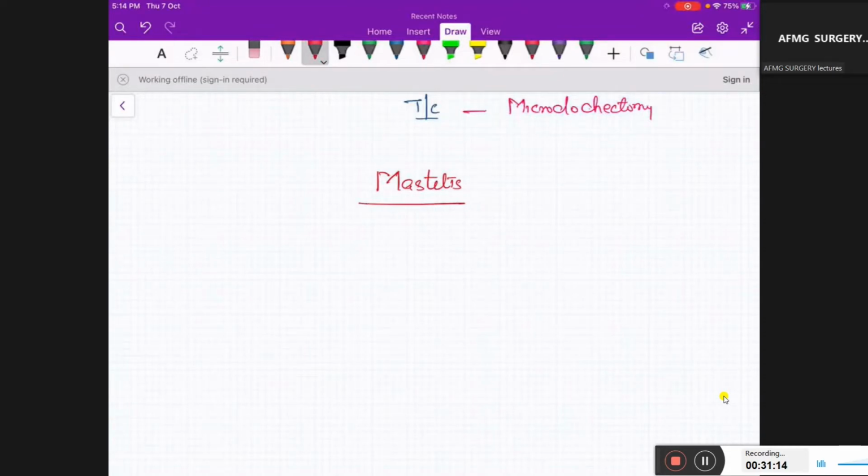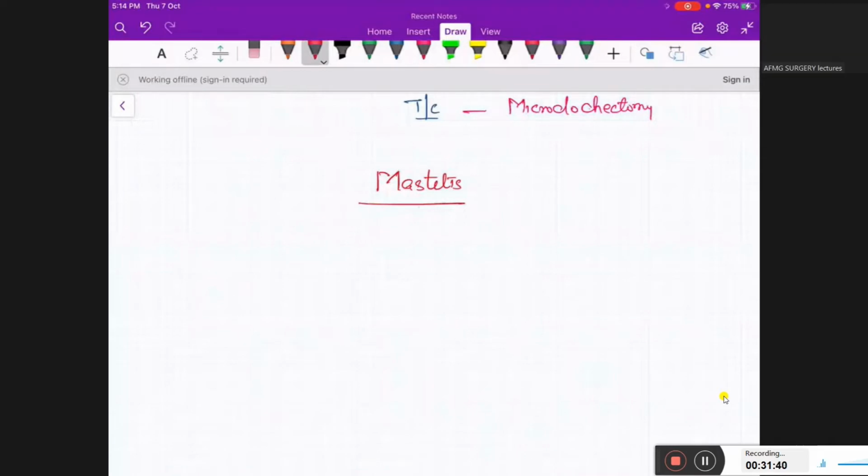This inflammation of the breast is a forerunner of breast abscess. If you don't treat this condition, the patient may progress to breast abscess also. Breast abscess is always preceded by mastitis.